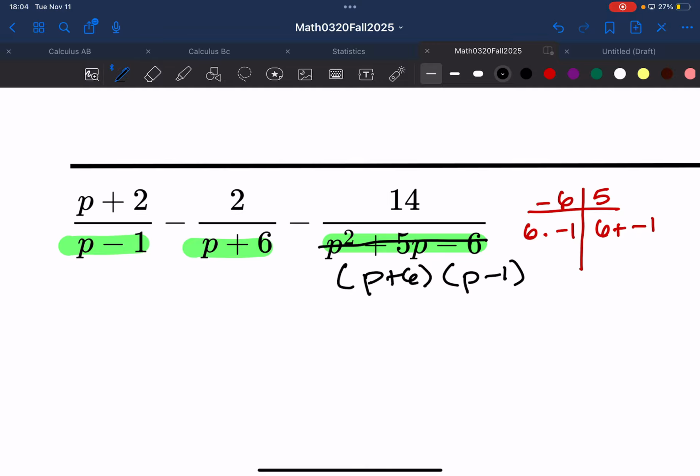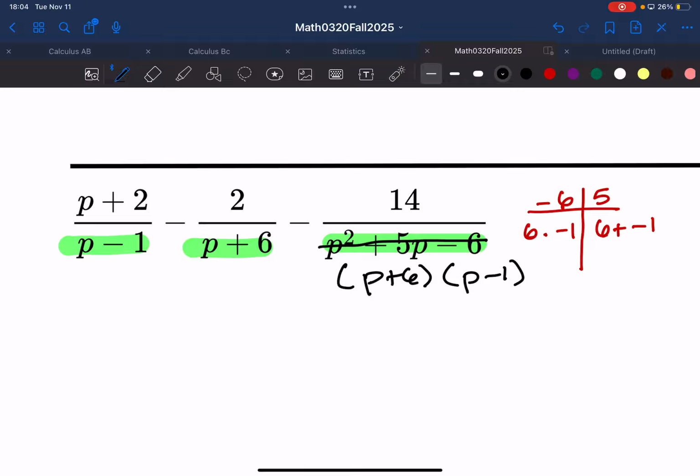So let's say you're stuck on the factoring part, then try out the factors that are on the other fractions, which you see is p minus 1 and p plus 6. Typically, those will be your factors for that quadratic. Okay, because our goal is a common denominator, which means our common denominator is going to be both of those factors.